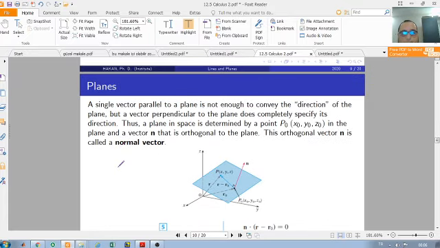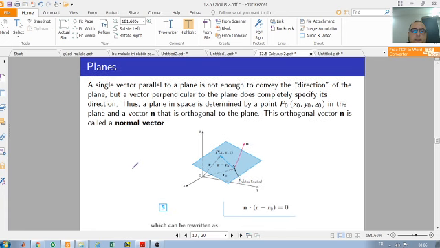Okay. A single vector parallel to a plane is not enough to convey the direction of the plane. Namely, we cannot use a single vector parallel to a plane to determine the equation of a plane, but a vector perpendicular to the plane does completely specify its direction.